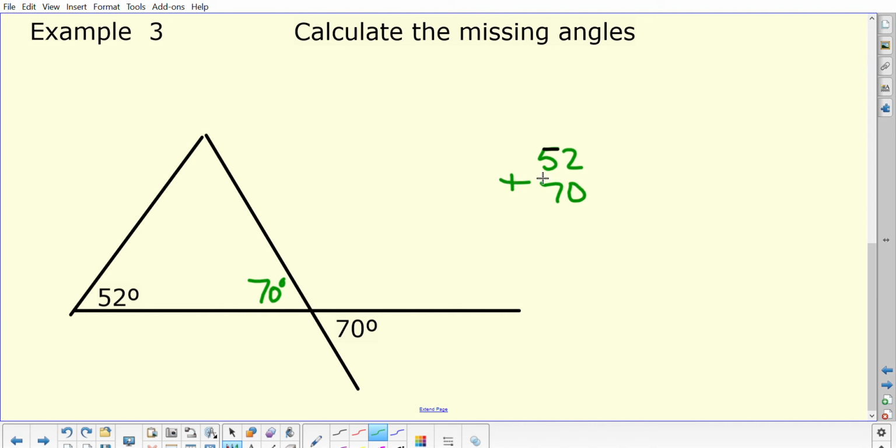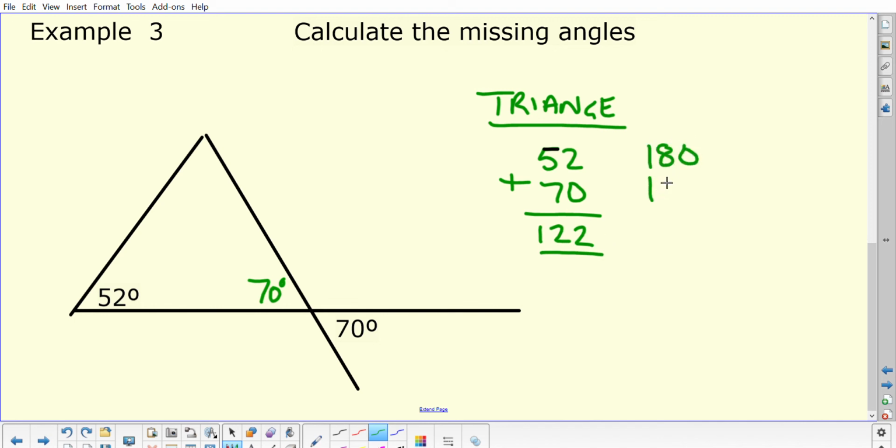This is me looking at the triangle now. So in the first instance we use vertically opposite angles. Now I'm working on the triangle, I'm doing 52 add 70, so I'm going to have 122 degrees here, which means to work out the angle up at the top I need to do 180 take away the 122, so I'll be looking for an angle of 58 would be the one going in up at the top.